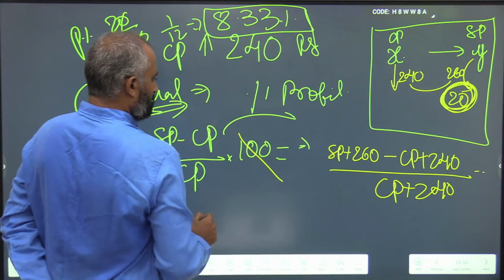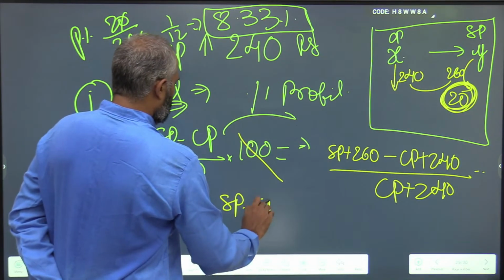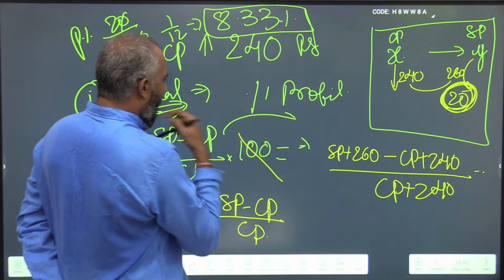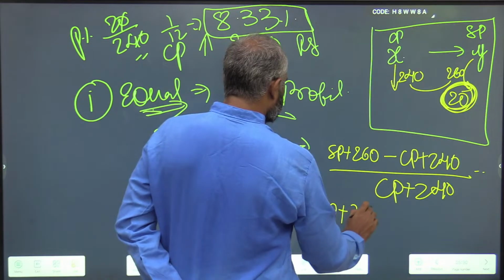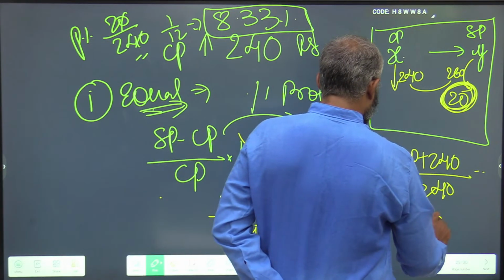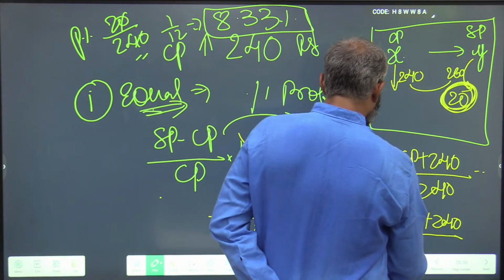So SP minus CP by CP is equal to SP plus 260 minus CP plus 240 by CP plus 240.